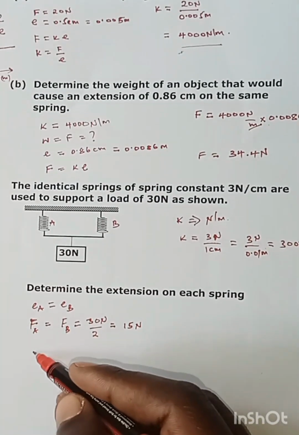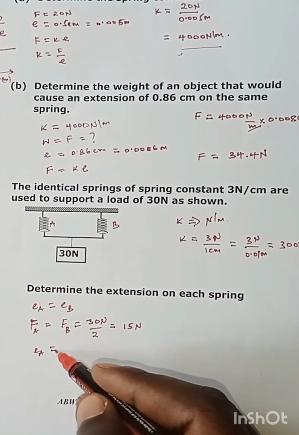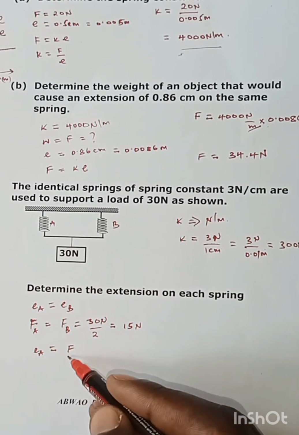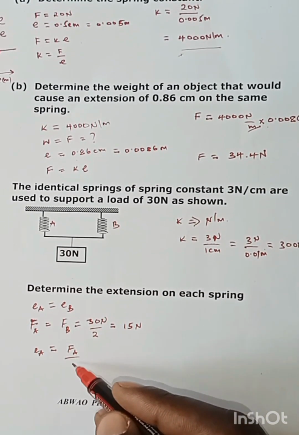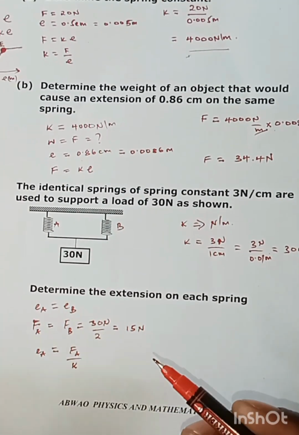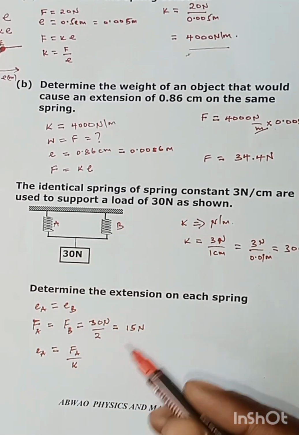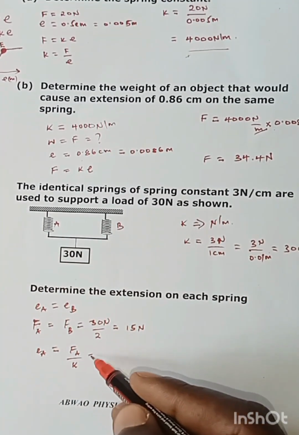So if you want to get the extension in A, we simply say it is force in A all over the spring constant K. Remember, the spring constant is common for the two of them, so we are using 300 newtons.